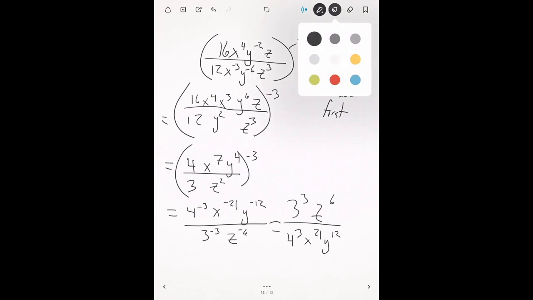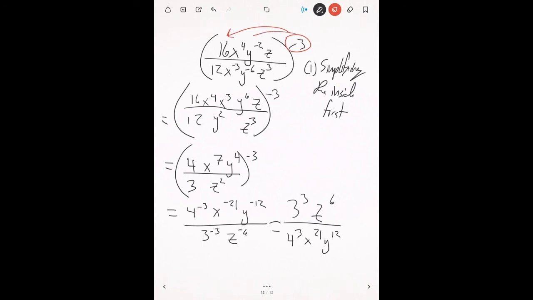Now, this isn't the only way to go about this. You could have, to begin with, distributed this negative 3 to everything. I will warn you, it can get a little messy if you do that. I'm not going to show you just because I think you can probably figure that out for yourselves, but I will warn you, it does get a little messy. But if that's how you like to think about it, go for it. Go ahead and give it a try, okay?